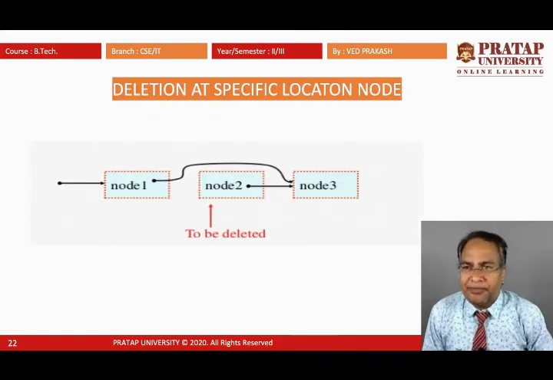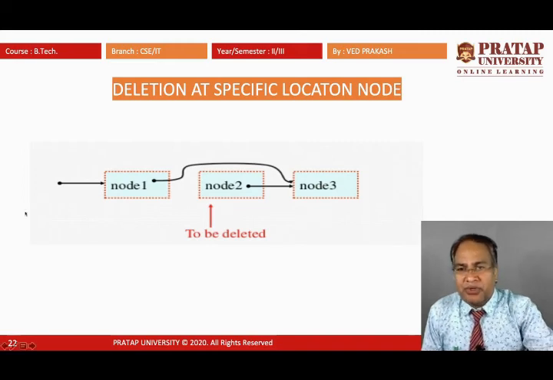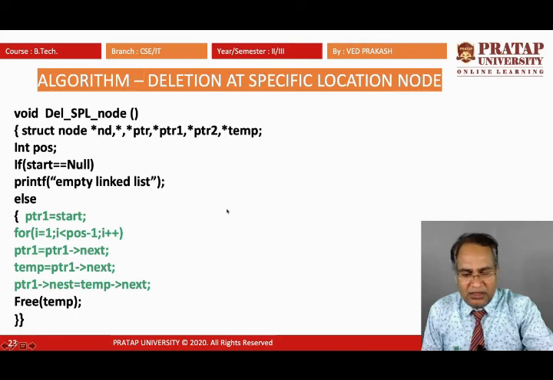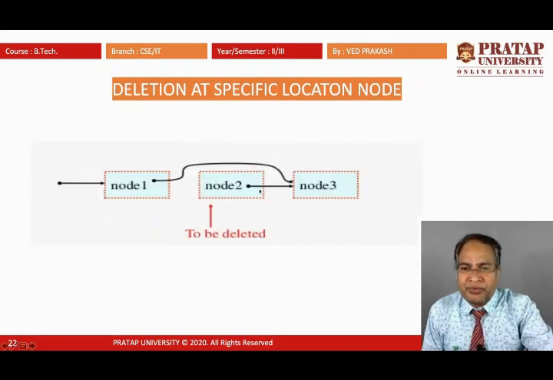Now our third process is deleting at a specific location. Suppose that is our linked list, and in this linked list we have to remove or delete this node. So that is the process of deleting a node from a specific location.